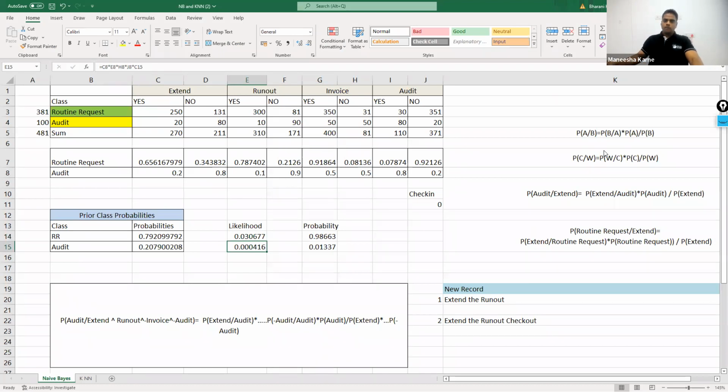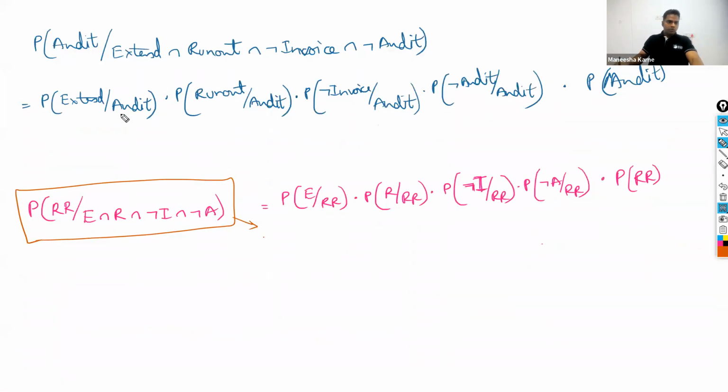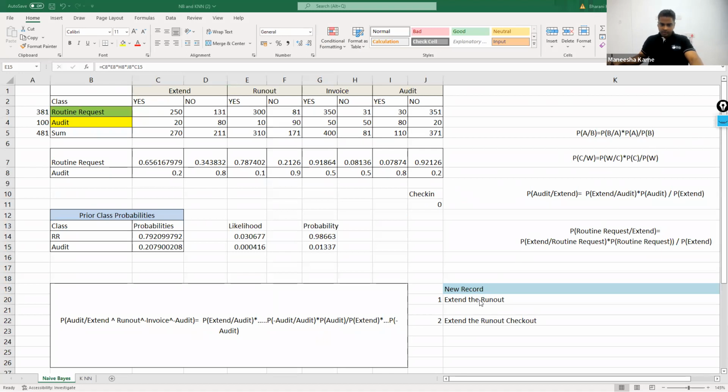Next, if you want to do it for this probability of audit given all these things, that means given this request, what is the probability that it should be assigned to audit class? And same formula applies once again. If you were to look at this, you are trying to multiply C8. What is C8? Probability of extend given audit.